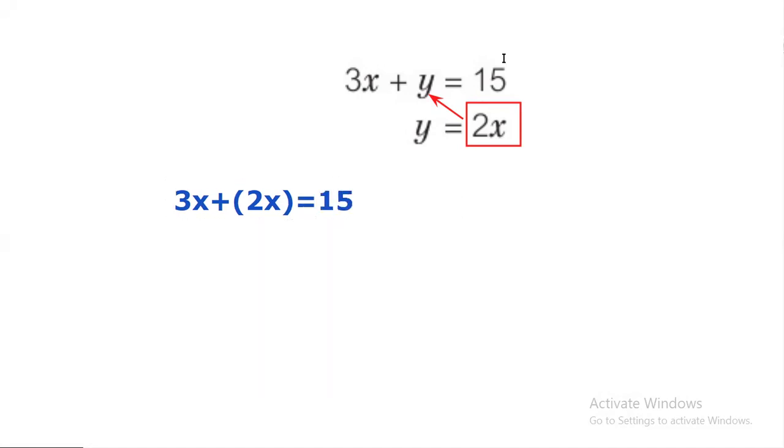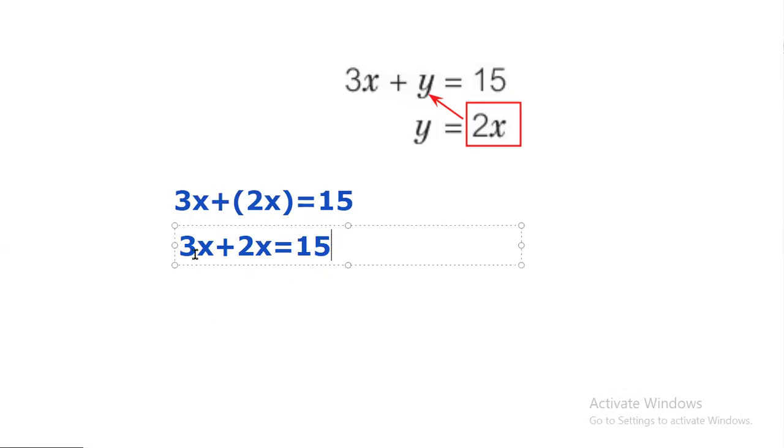Basically, I put the values inside a bracket because if this one is negative, it will change the sign of these ones inside. If it's positive, it doesn't change them. So I end up with 3x plus 2x equals 15, like this. But if this one is negative, it means it will change the sign of the values here.